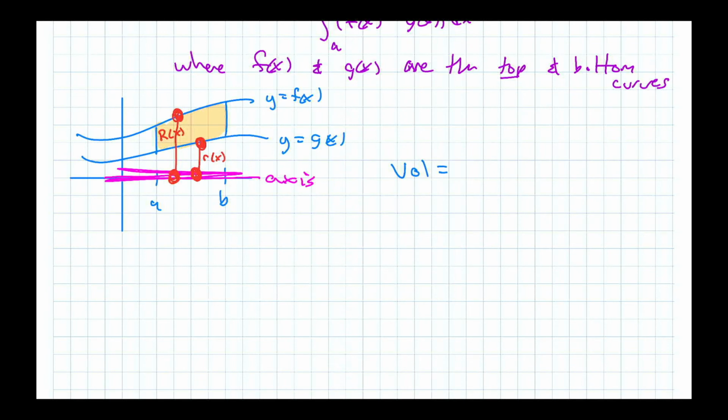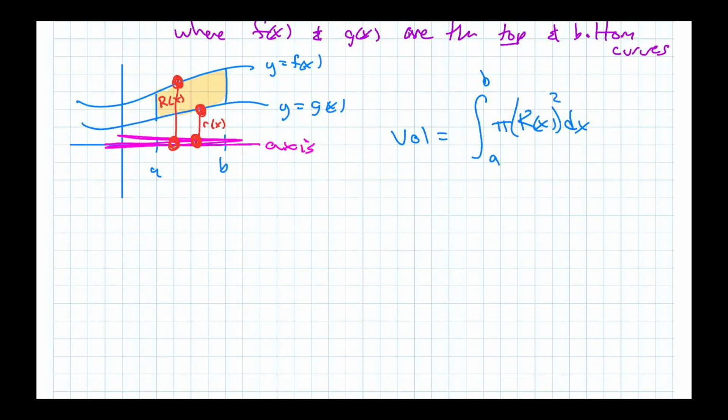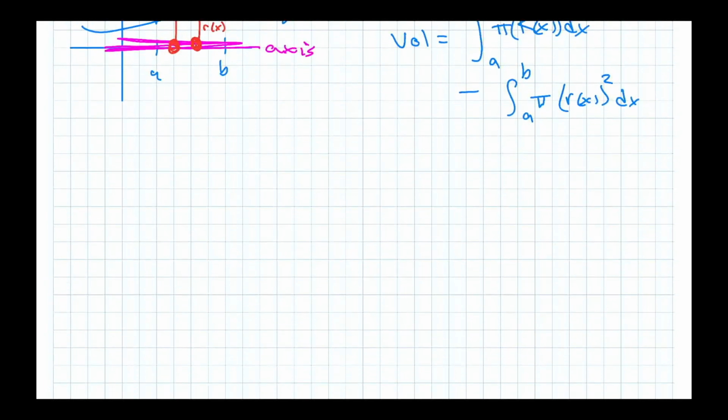And then your volume is going to be this. Volume, no surprise. You could write it as two integrals: pi big R squared dx, that's the disk method for just the top curve. But we want to find the area between them, so we could subtract the integral from a to b of pi little r squared. Or the way they actually write it is this. Washer method: volume equals, they put them in one integral is all they do.